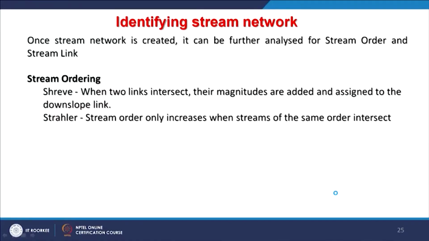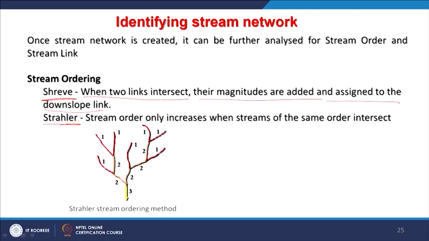Now, once a stream network is created, it can further be analyzed for stream order and stream links, which are again useful in some other modelings. For stream ordering, two methods are well established: the Shreve method and the Strahler method. In the first method, when two links intersect, their magnitudes are added and assigned to the downslope link, like here.